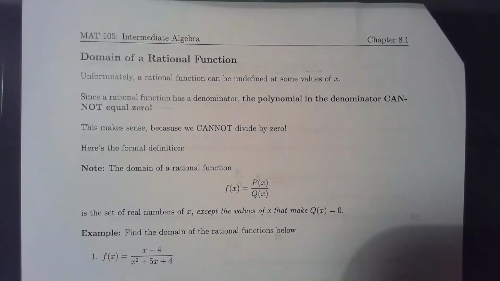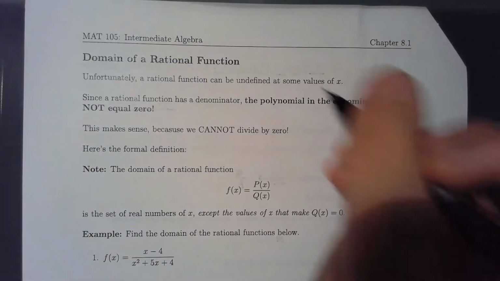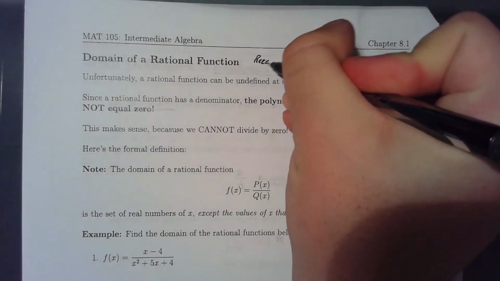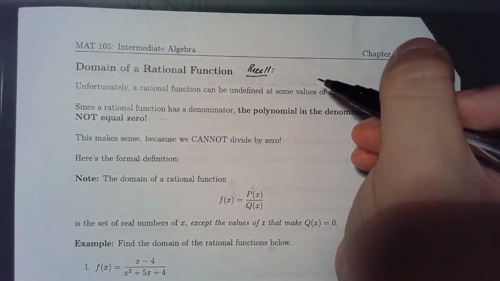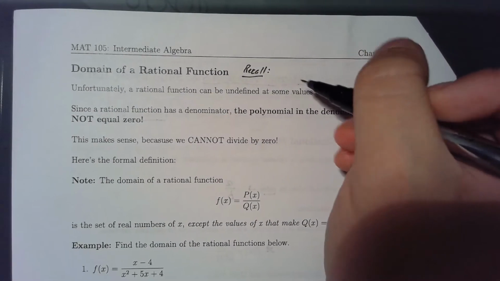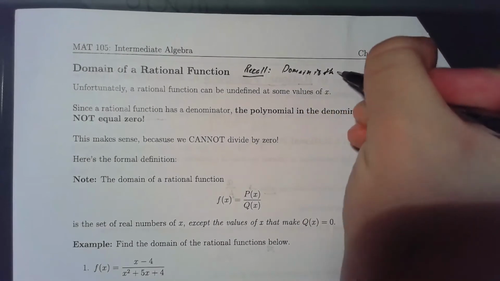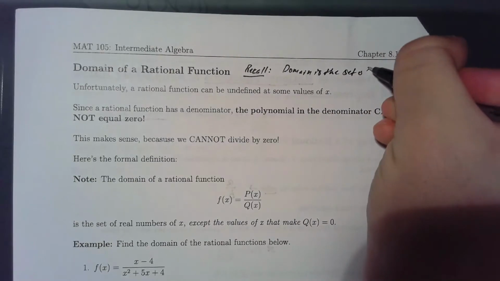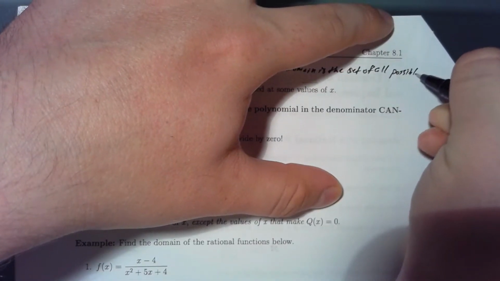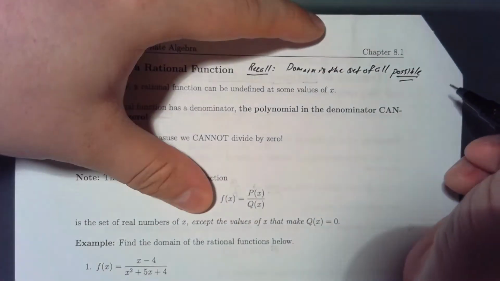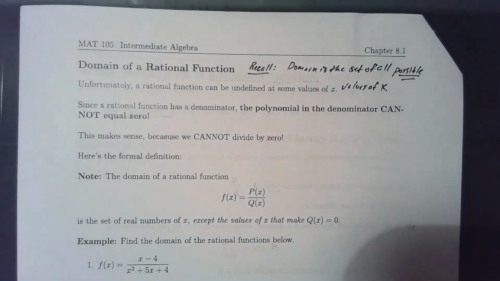Now, if you remember, what is the domain? When we first talked about domain and range in the beginning of the course, the domain is the set of all possible, and I emphasize the word possible, values of x.